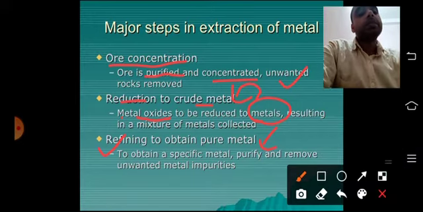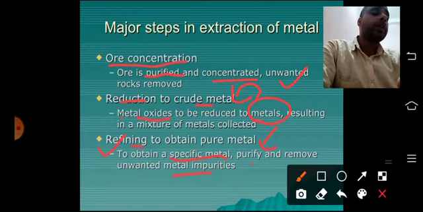Refining is the process by which pure metal can be obtained from the crude metal. So you can see, to obtain a specific metal, we purify and remove unwanted metal impurities in refining. There are various methods for refining.